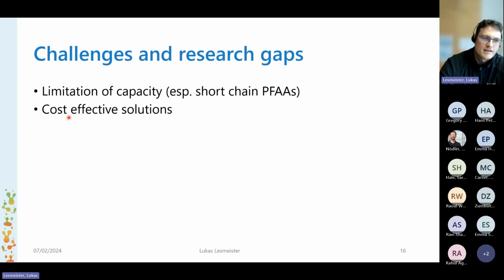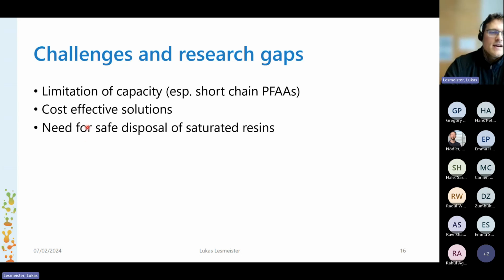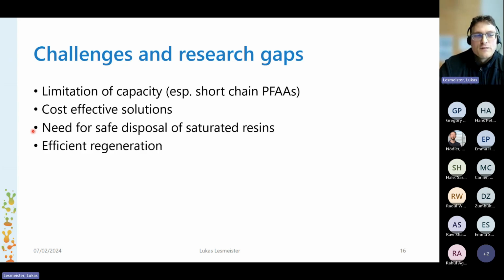So it has to be cost effective in the end. If you cannot use regeneration, then there's a need for safe disposal of the saturated resins. And here's the question: is incineration the most sustainable solution?